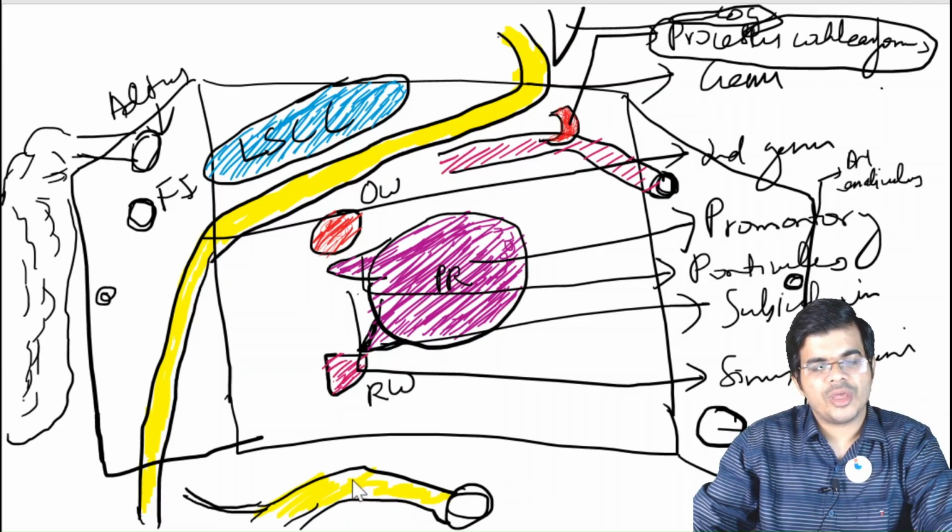The facial nerve comes out through the stylomastoid foramen. The chorda tympani comes out just before that, through the posterior canaliculus. Here we have the anterior canaliculus, also known as the canal of Huguier, and this is the posterior canaliculus.